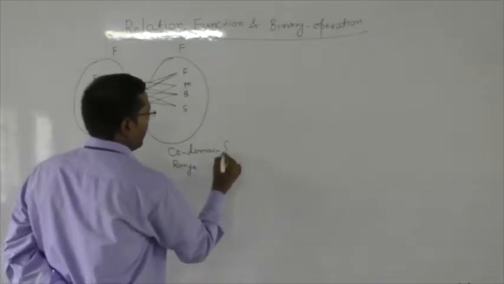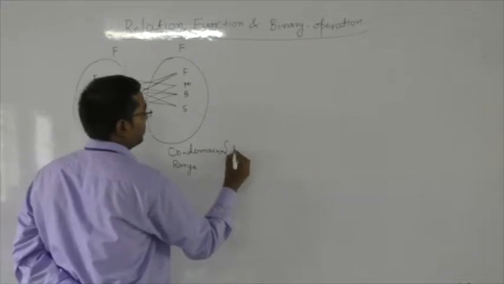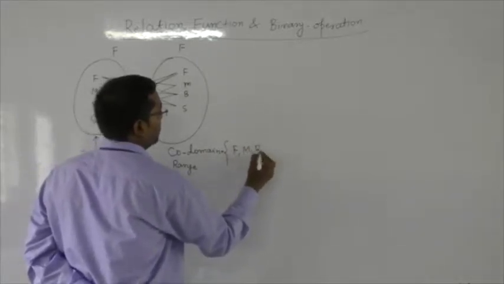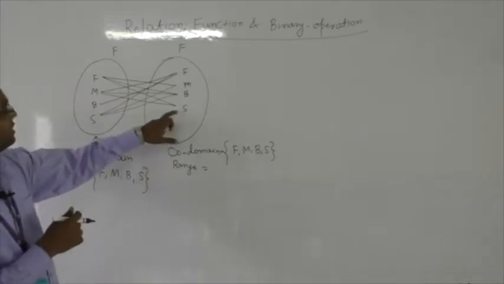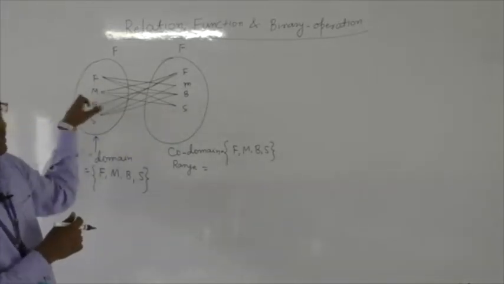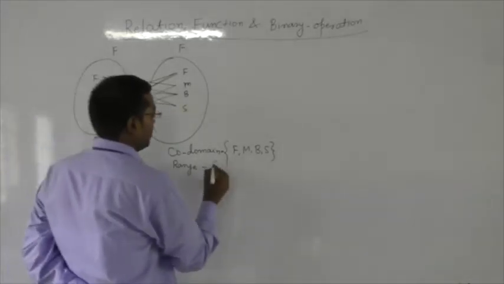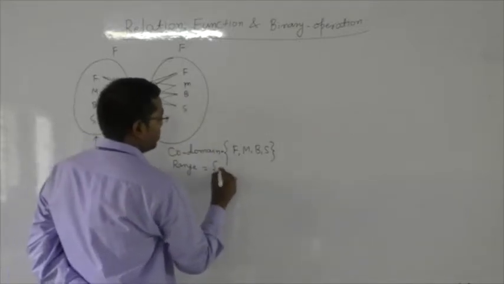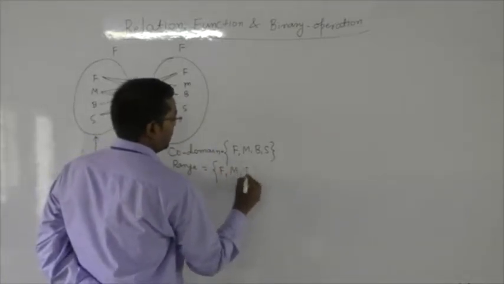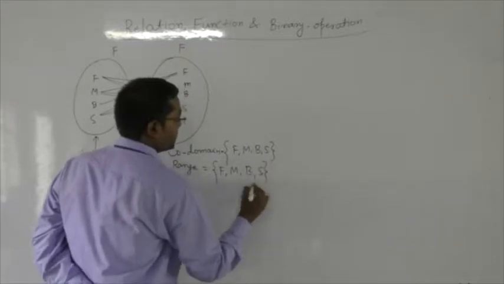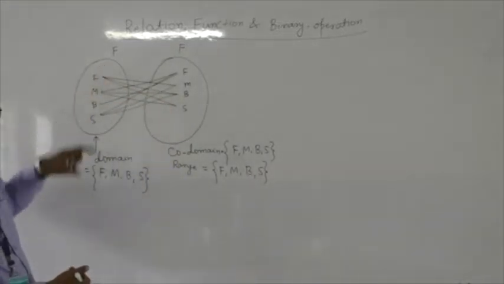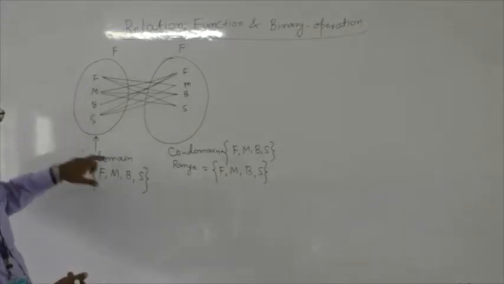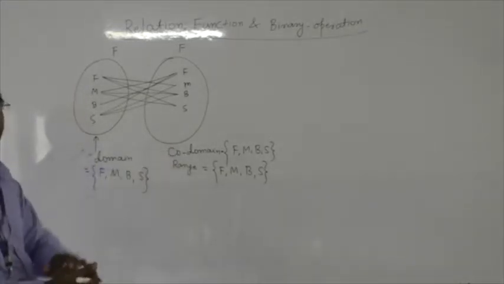The codomain I can write: father, mother, brother and sister. Range means whichever elements are connected, that will be called the range. So here all elements are connected, so we will write father, mother, brother and sister. So this is a relation on this family in which the domain, codomain and range are like this.